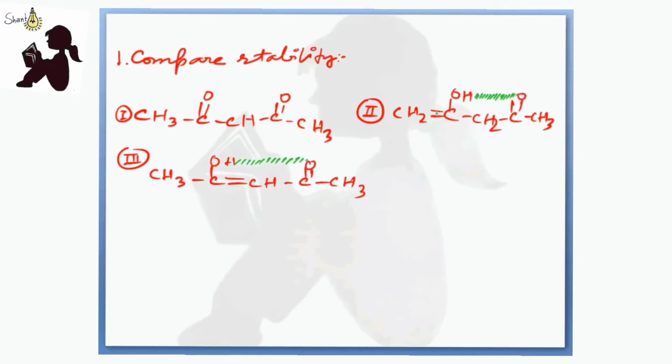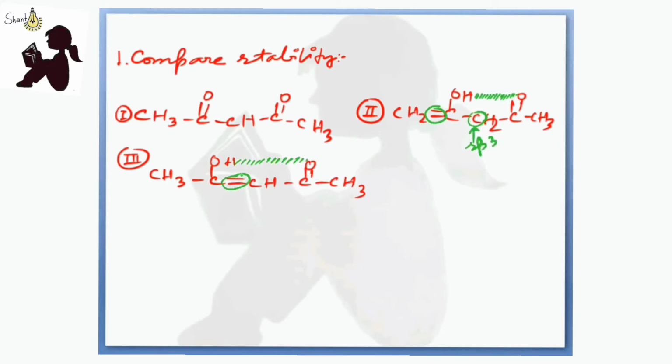But as you can see, the double bond is present in option 3 on this side, right? And in the second option it is present here. Because of the double bond present on this side of the carbon atom, in the center of these two functional groups, this carbon atom becomes sp3 hybridized.